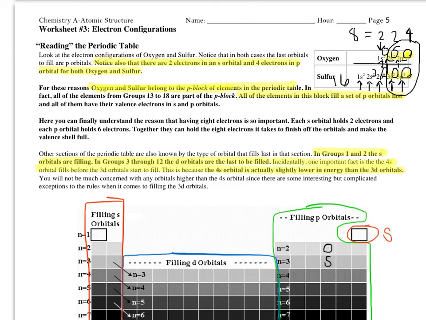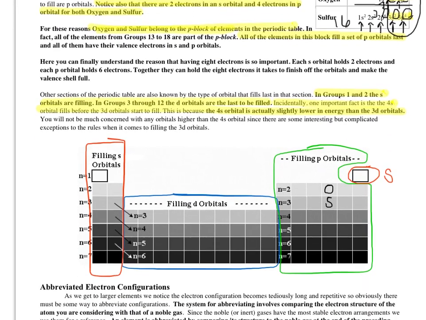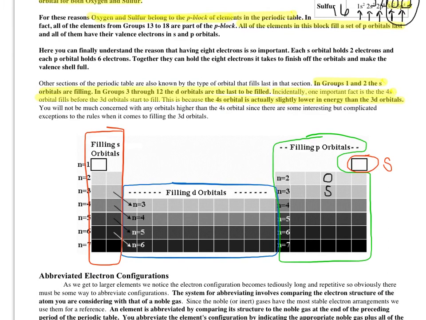Okay, so I want you to take a look at this periodic table. All right, we're going to divide the periodic table into 3 blocks, 3 sections. I've written in on this periodic table just where oxygen and sulfur are, because none of the other elements are written in. I wanted to orient you to where oxygen and sulfur are.